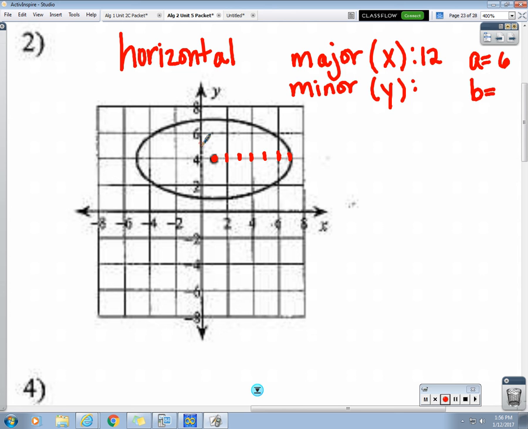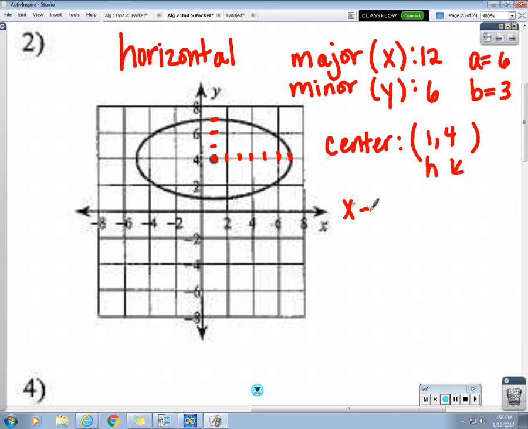Okay, for the minor axis, you go up 1, 2, 3. So your B value is 3, making your entire length 6. Okay, now we need to find the center. Where is the center located? 1, 4. And that's your H and your K.